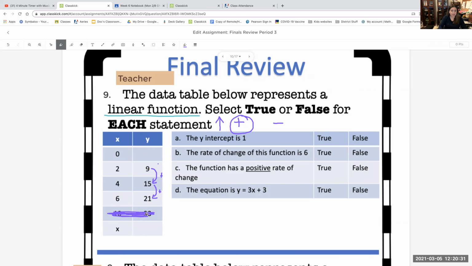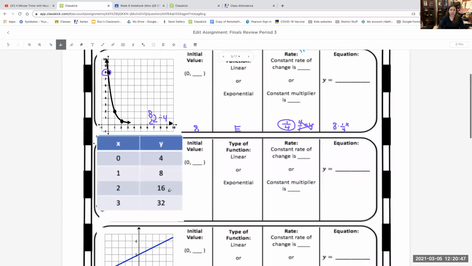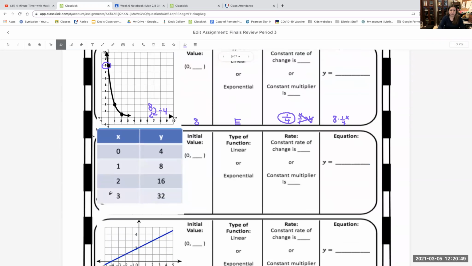Now, this is the mistake, and I made this mistake. No worries. I made it in first period and totally botched it, and then kind of fixed it in second period, but I want to make sure you get this. If we look at our last page, a very nice teacher made this table for us: 0, 1, 2, and 3. Like Ms. Gomez probably did this. And then here comes Doc, and all of a sudden she messes up the whole plan, and I have 0, 2, 4, 6.